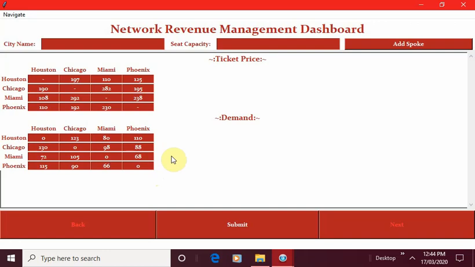Another 6 additional routes would be Chicago, Miami, Chicago, Phoenix, Miami, Chicago, and Miami, Phoenix, and then Phoenix, Chicago, and Phoenix, Miami.